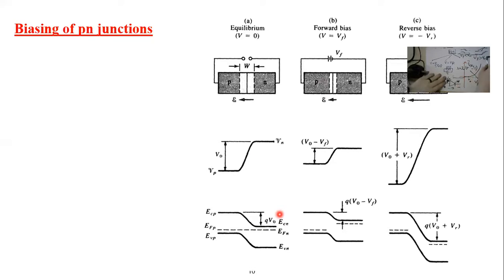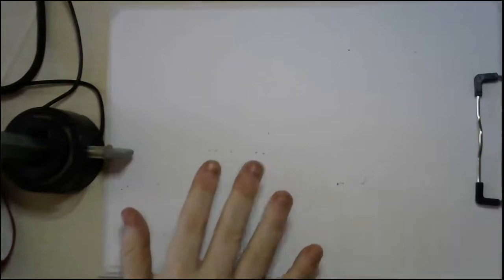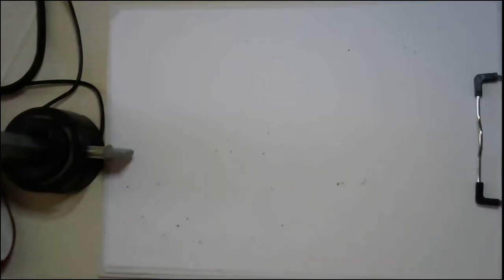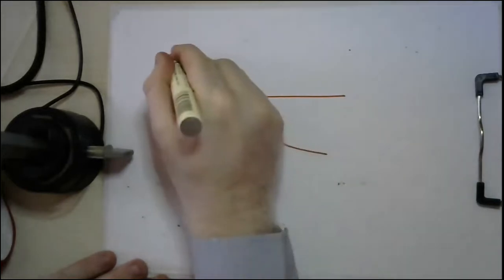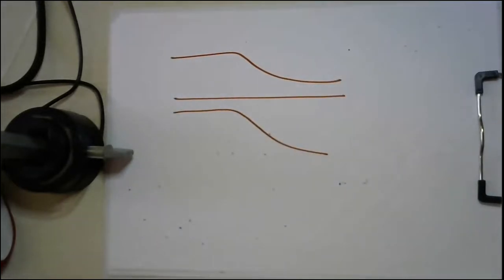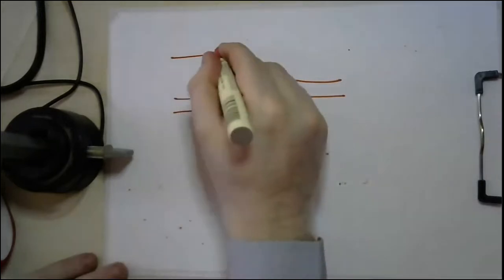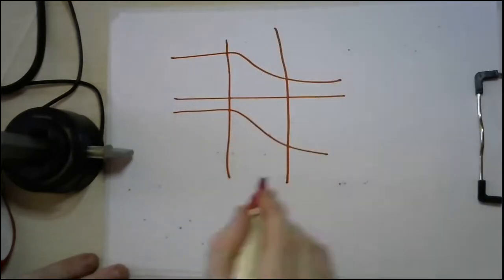Let me make it using a new slide. Okay. So I believe you already hate this energy band diagram for the PN junction because we plotted it millions of times. So this is the energy band diagram. Now again, divide it into three regions.